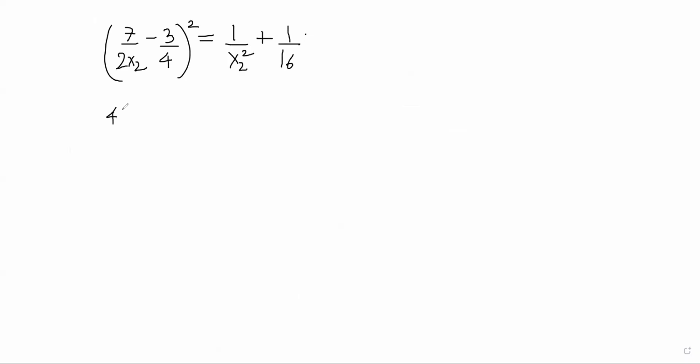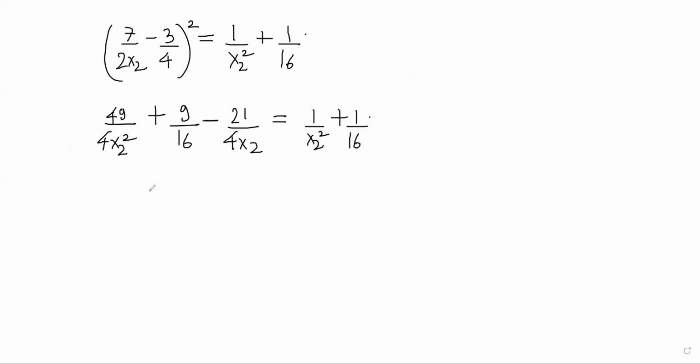If you simplify it, you get 49 by 4 x2 square plus 9 by 16 minus 21 by 4 x2 is equal to 1 by x2 square plus 1 by 16.